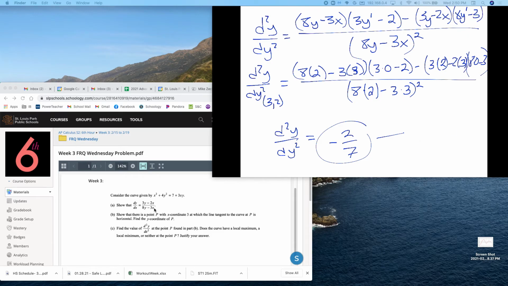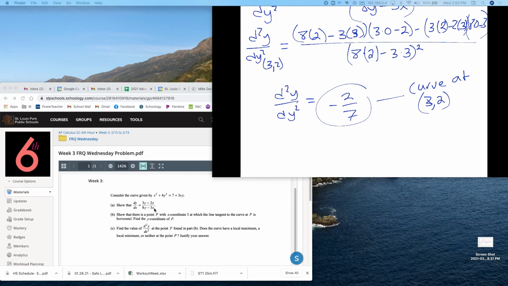So what we know is the curve at the point 3, 2, the slope is equal to 0, so y prime, and is concave down.